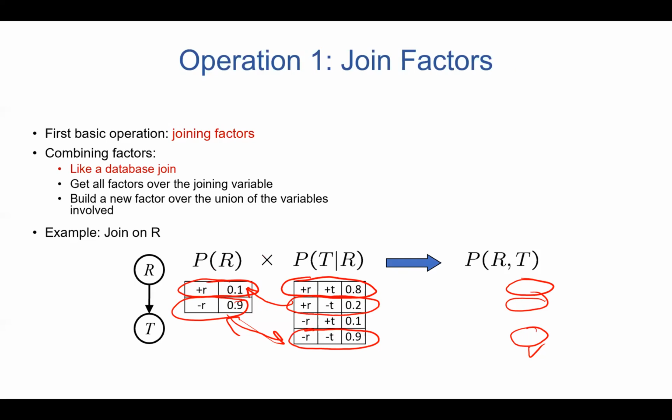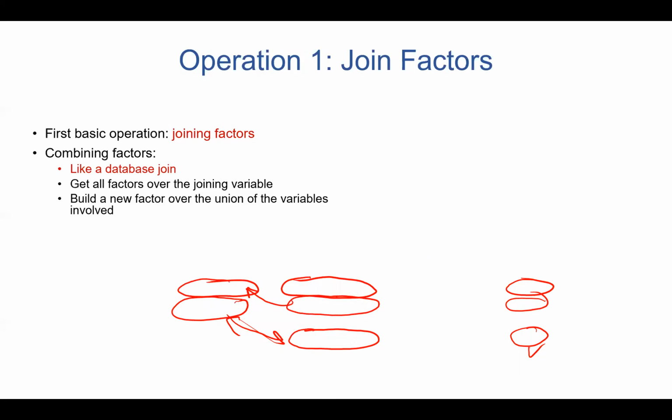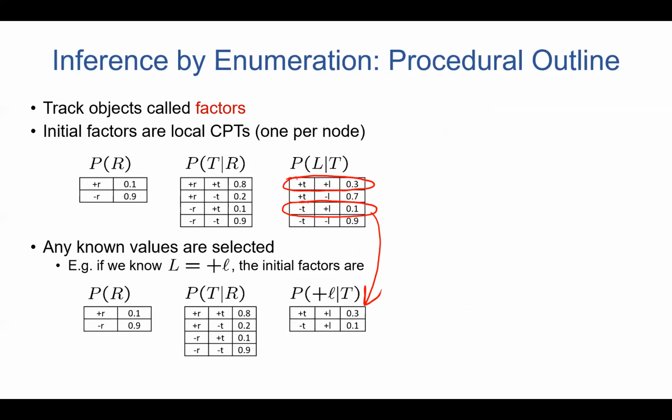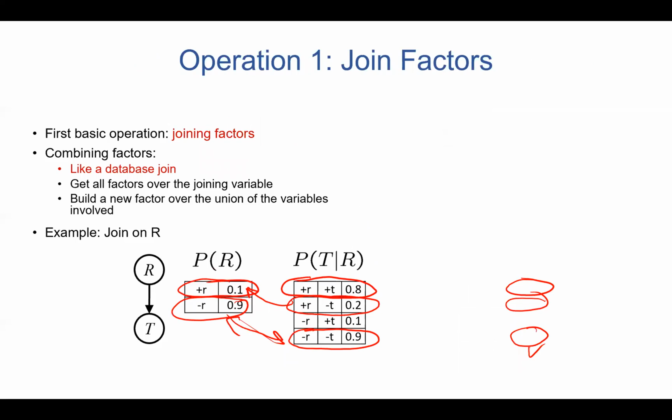P of R and T is actually equal to P of R times P of T given R. Because if you look at this Bayesian network structure, we have P of R, P of T given R, and then P of L given T, right? If we want to compute the joint distribution of P of R and T, we'll simply have to multiply their conditional probability tables together.